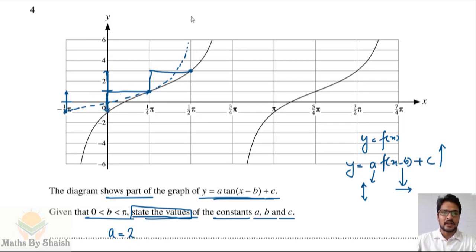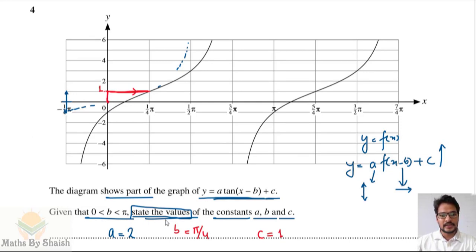Next, originally this point was supposed to be here, so we can see how much it got translated. Horizontally it is translated by pi by 4 in the right direction, so b becomes pi by 4, and vertically it went up 1, so c is 1 because it's a translation in the y direction by 1 unit.